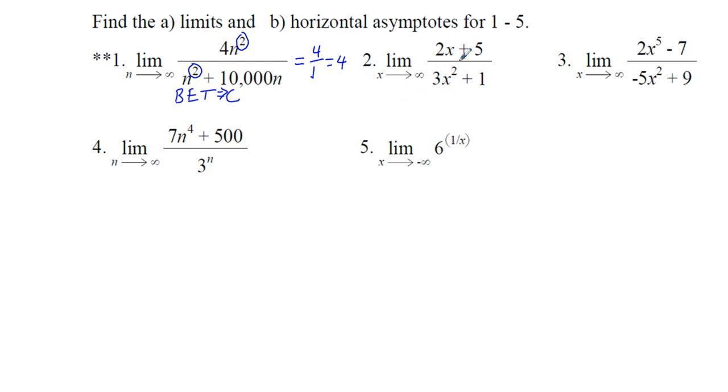Next, 2. We have limit as x approaches infinity, and here we have a polynomial divided by a polynomial, and we have 2x to the first power, and then down here in the denominator we have 3x to the second power.